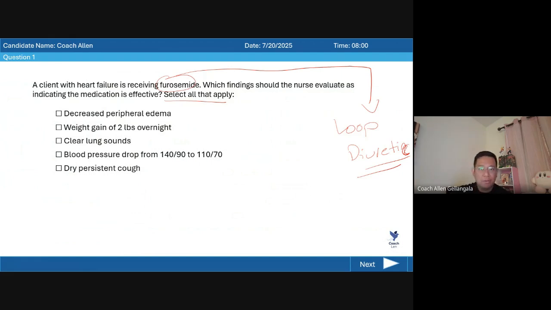Water is coming out. Essentially, we're flushing out unnecessary water from the patient. What are the things that will tell us that it is doing its task? Let's begin with the first choice, decrease in peripheral edema. Would there be a possibility of decrease in the peripheral edema when you're giving furosemide? Of course. So this is included.